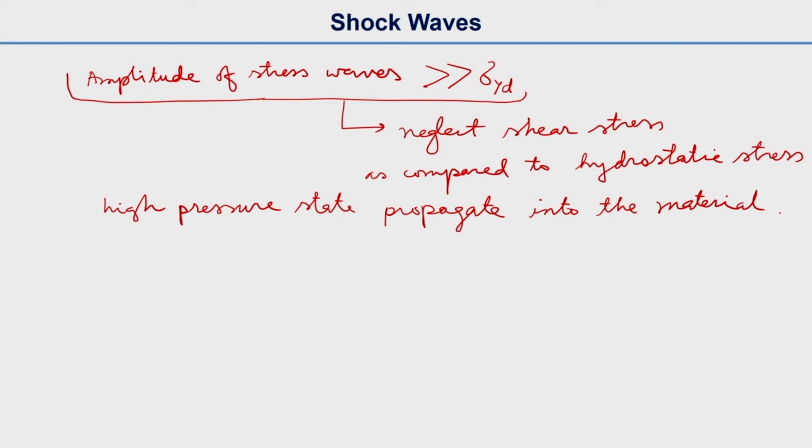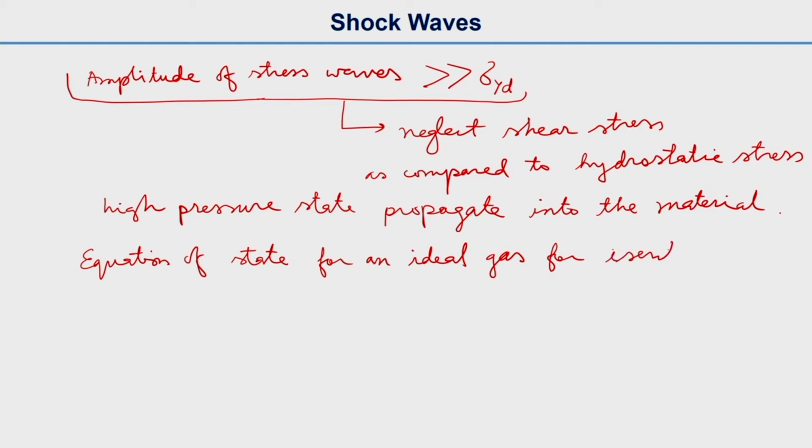The equation of state for an ideal gas for an isentropic process.